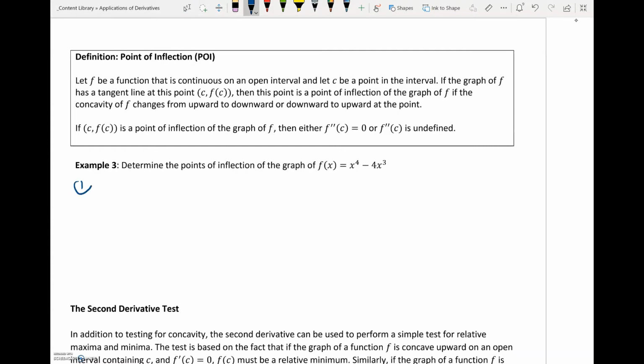So the first step you're going to do, like the other questions, is to find f double prime. So we're going to find f prime first. So this is 4x cubed minus 12x squared. Then f double prime is going to be 12x squared minus 24x. Again, if you take a look, this is never undefined. This is a polynomial, and more specifically, that's a quadratic.